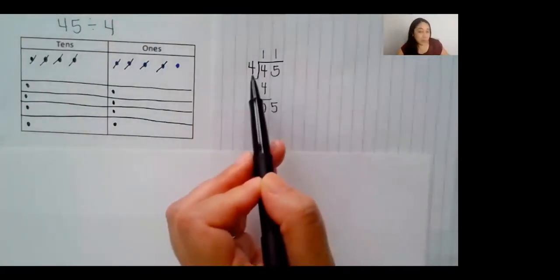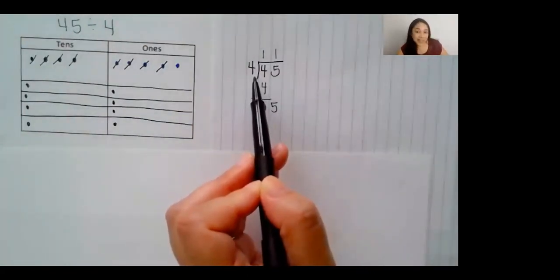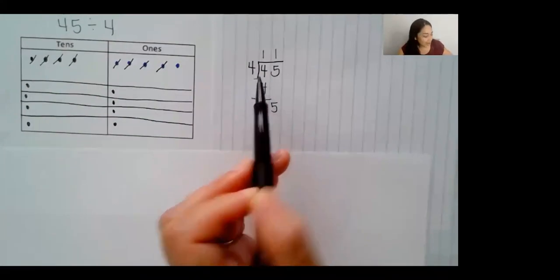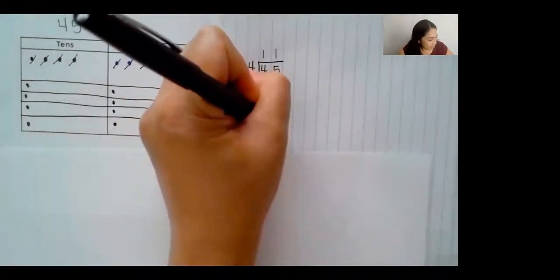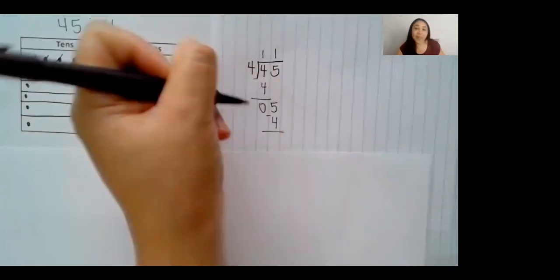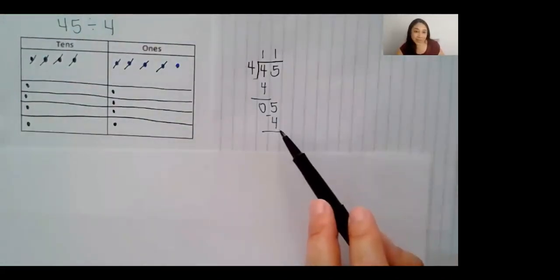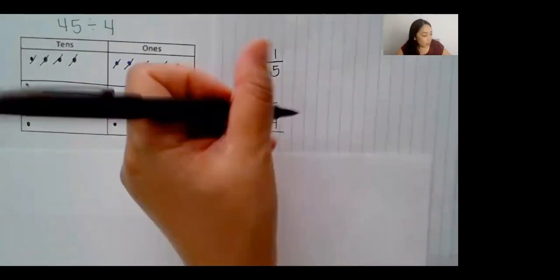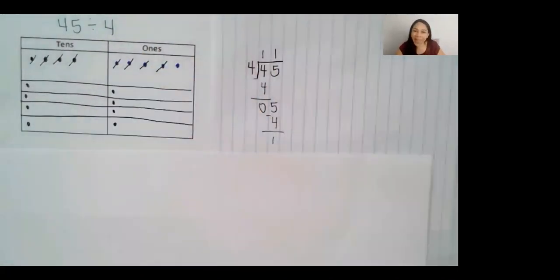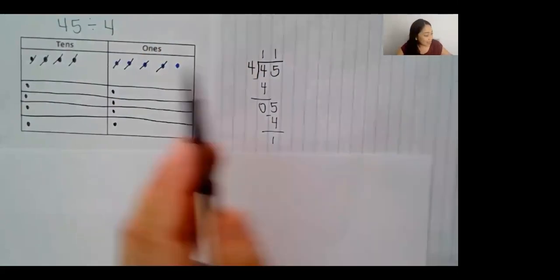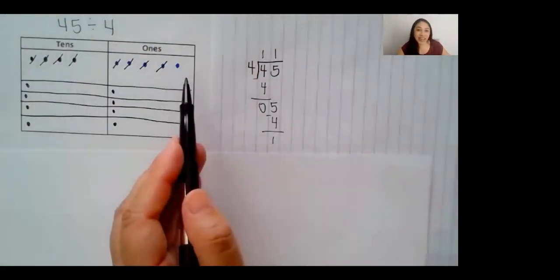1 one times 4 is 4 ones. 5 ones minus 4 ones is 1 one. Hey, we also have 1 one left in the place value chart.